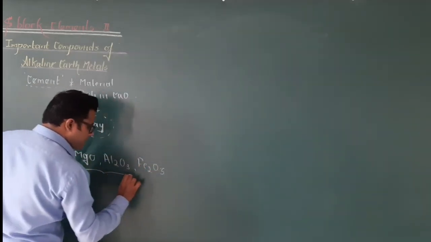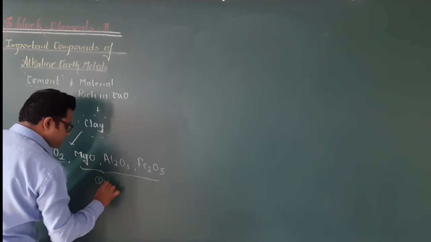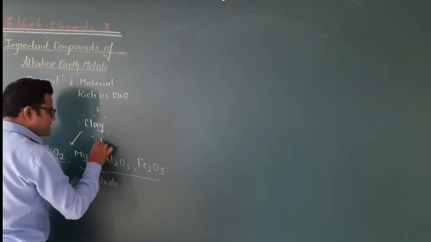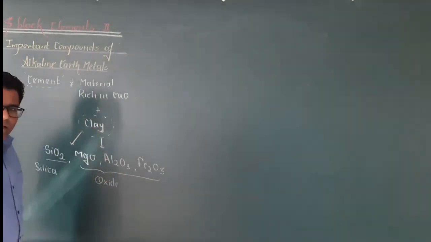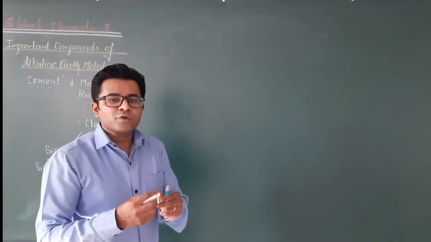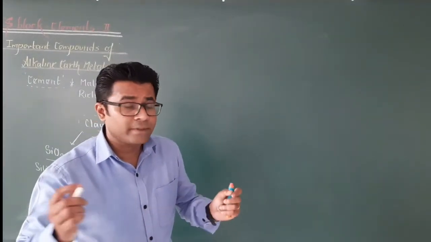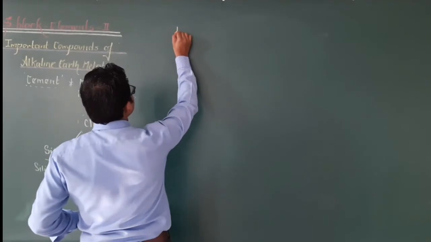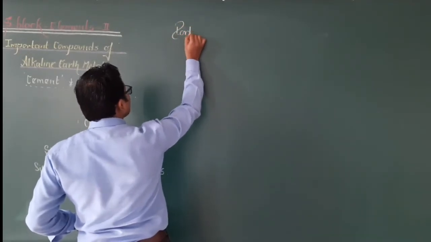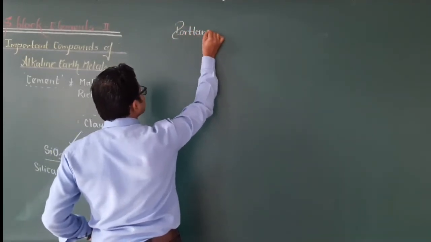So these are the oxides present in clay. Now the most important type of cement is called the Portland cement.